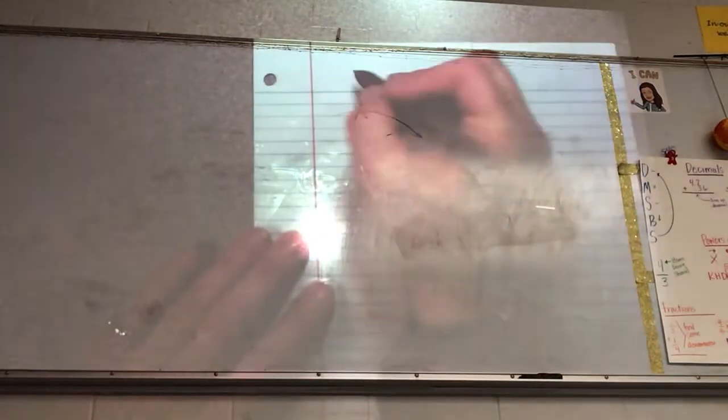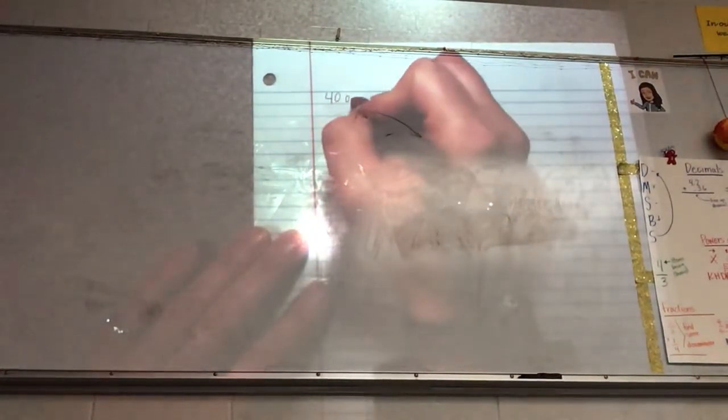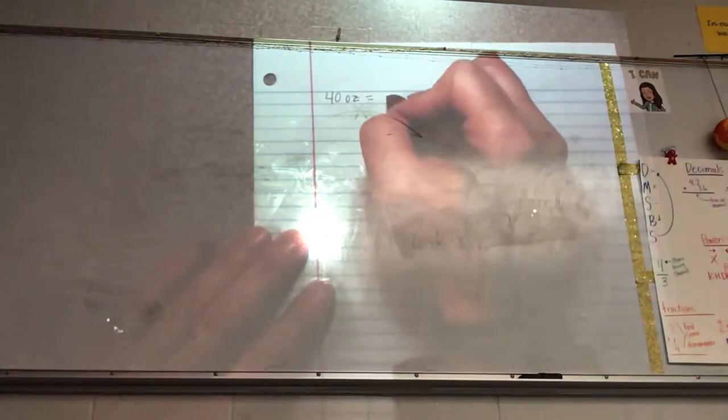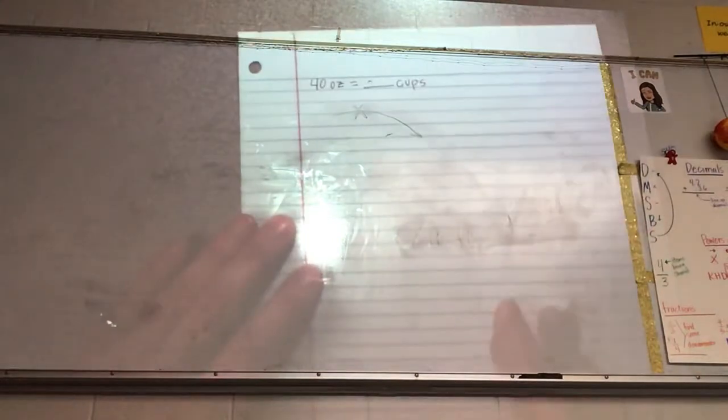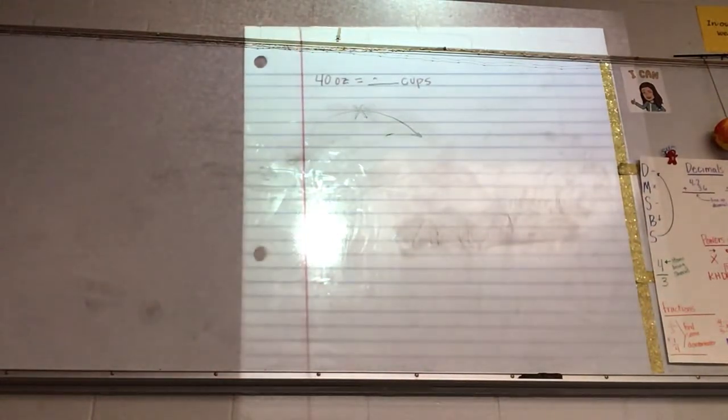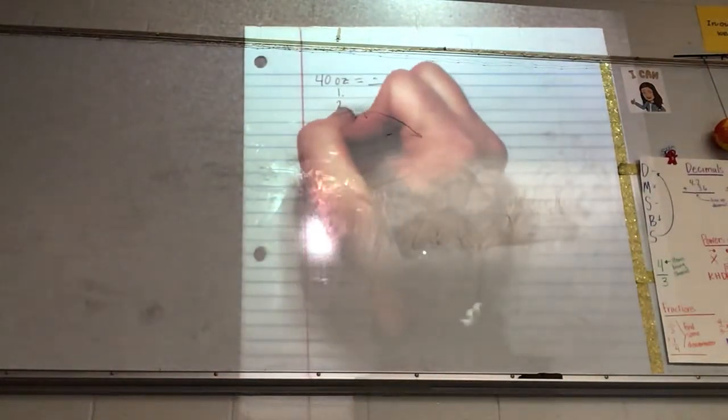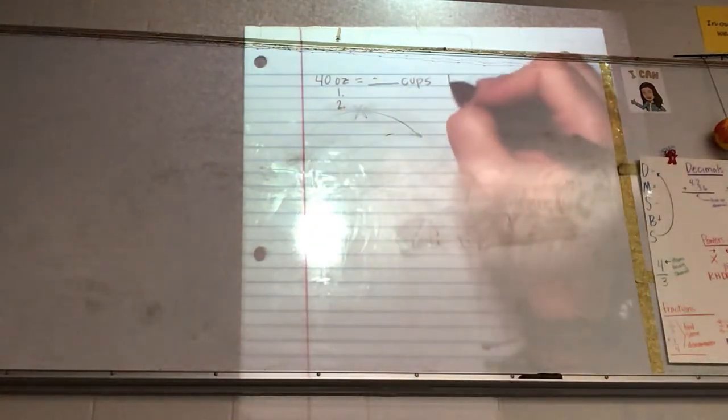All right, I'm going to do a few capacities. So we have 40 ounces is how many cups? I want you to do step 1 and step 2 and stop.